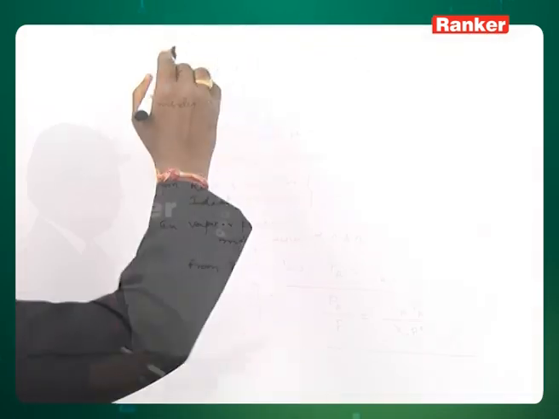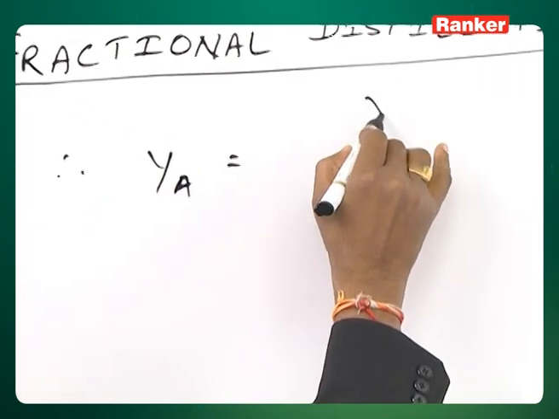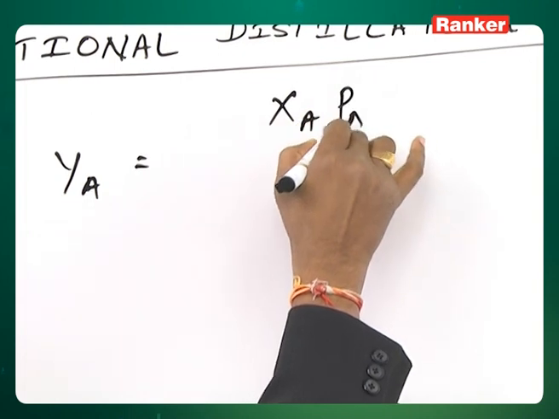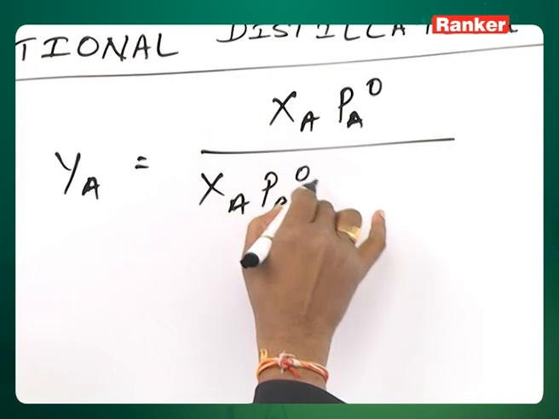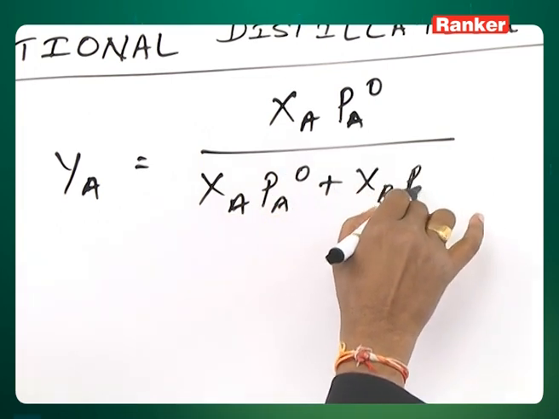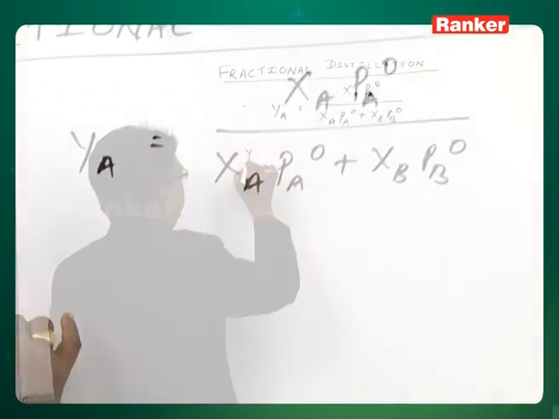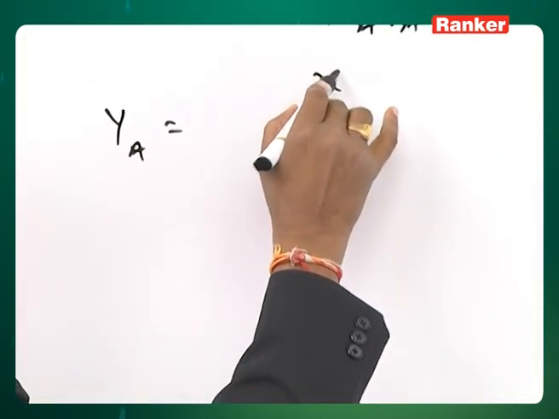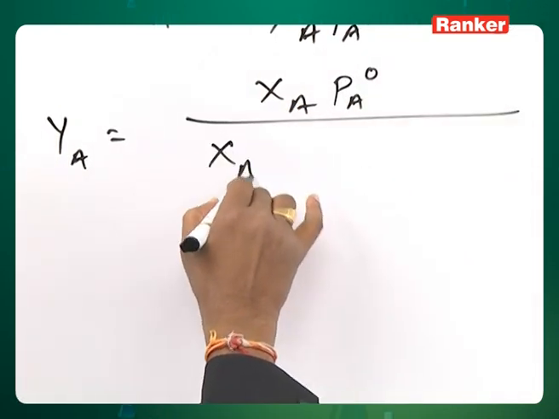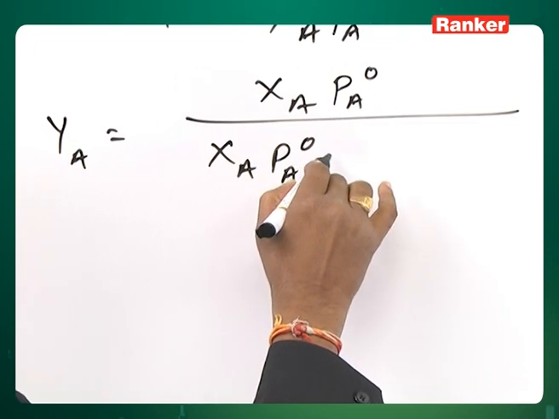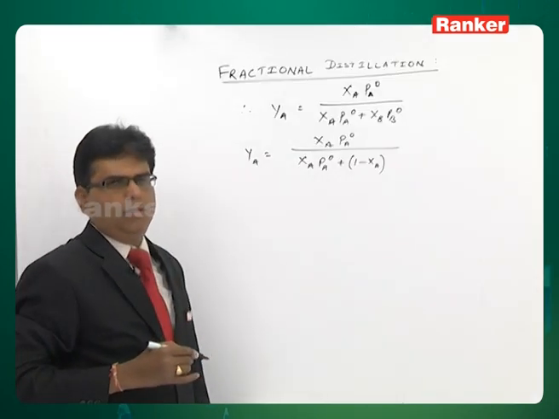Okay. So, Y A is equal to X A P A naught by X A P A naught plus X B P B naught. Now, this in turn I can write as Y A is equal to X A P A naught by X A P A naught plus 1 minus X A, because X A plus X B is equal to 1.